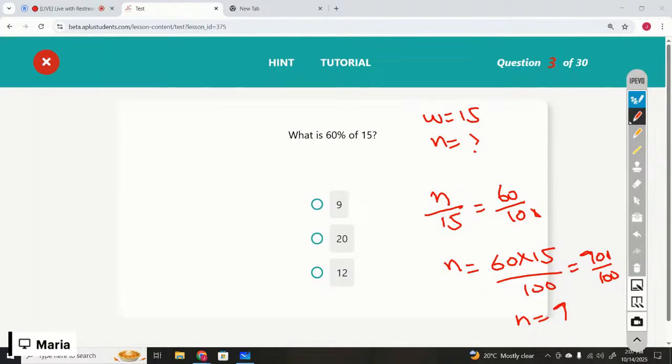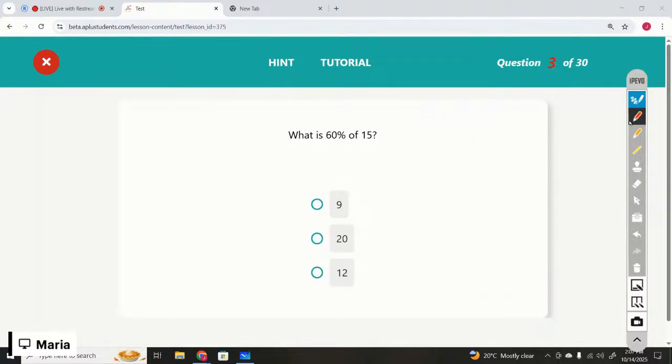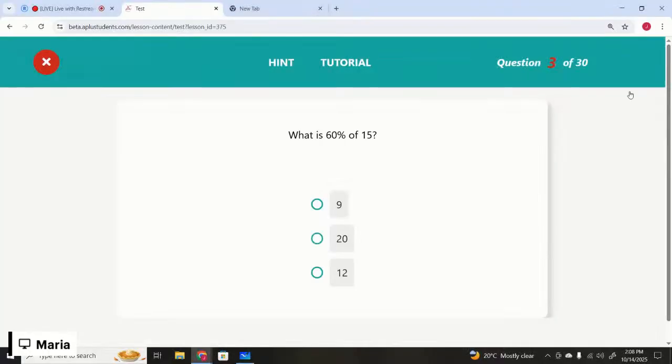That means 60% of 15 is 9. Option number 1 is the correct option.